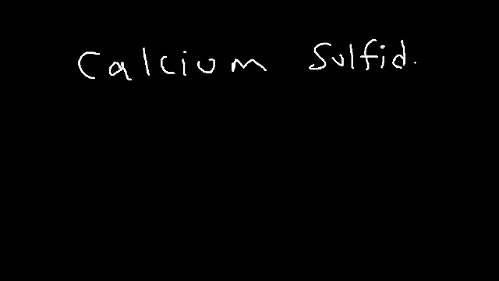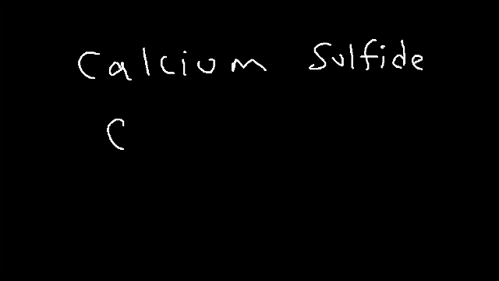Now let's try another example. Calcium sulfide. It might be good to have a periodic table in front of you. You can go to Google Images and print one, and you want to have it next to you where you can see what the charges are. Calcium is found in the second column of the periodic table.